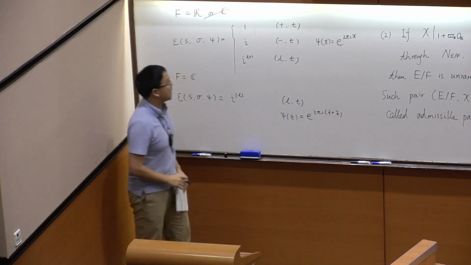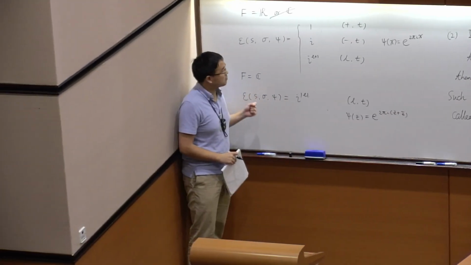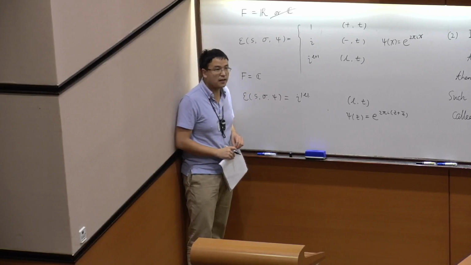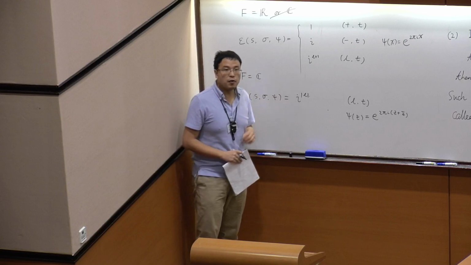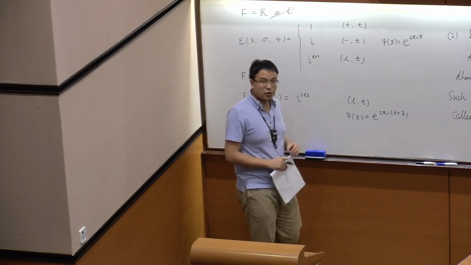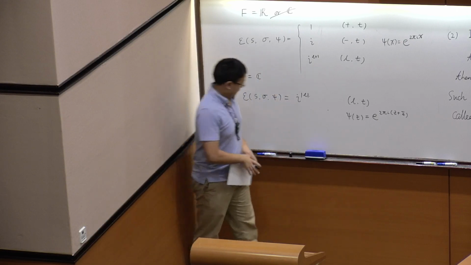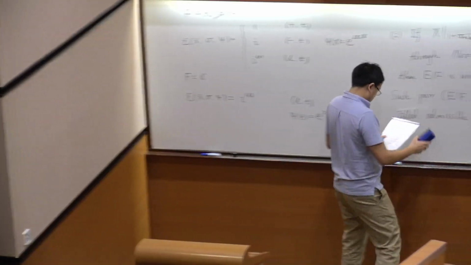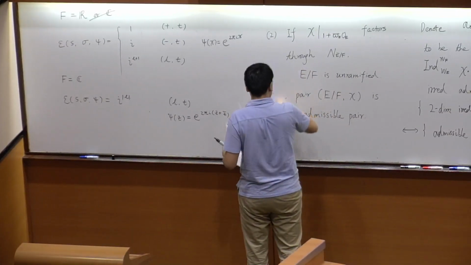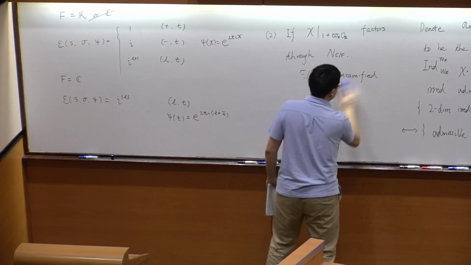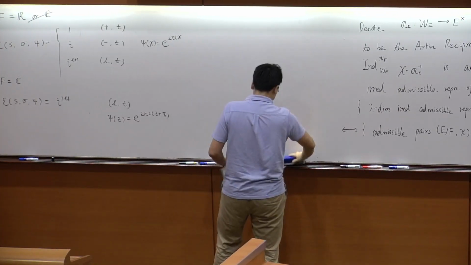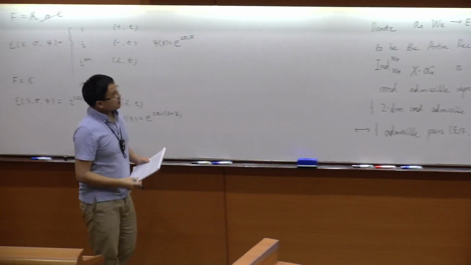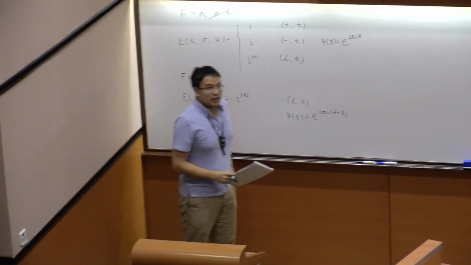Okay, so the epsilon factor also depends on this psi, and the Haar measure defined over the field. In this case, we take the Euler-Lebesgue measure. Okay, so this is what happens for the Archimedean case.